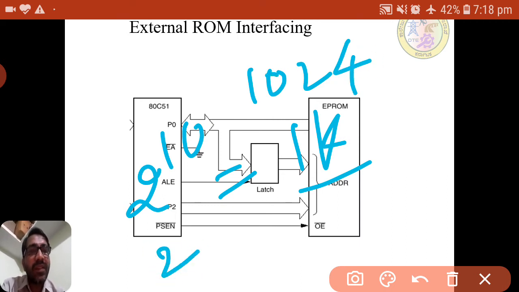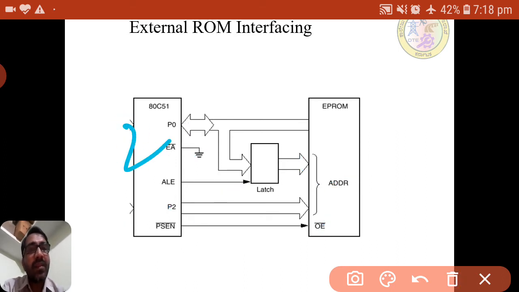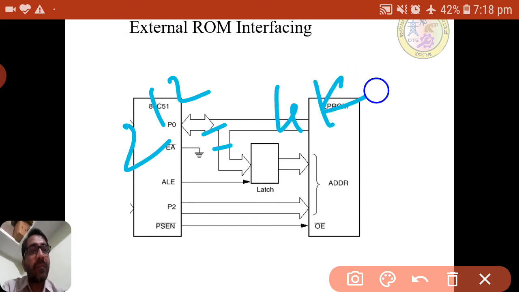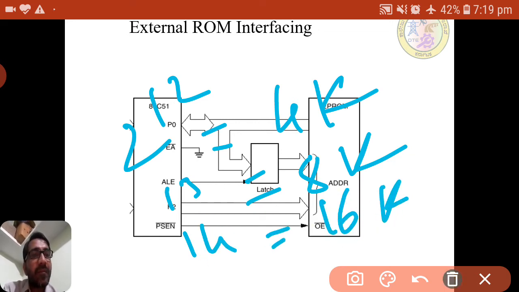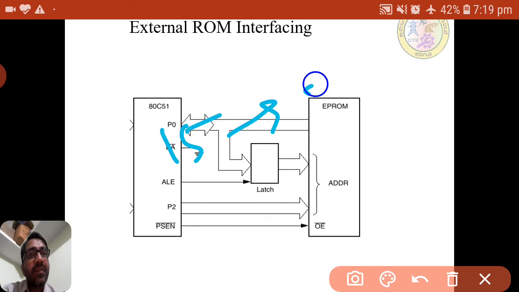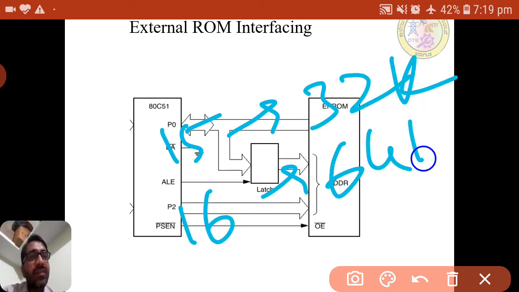If it is 2 raised to 11, then it will be 2k. Similarly, 2 raised to 12 is 4k, 13 means 8k, 14 lines means 16k, 15 means 32k, and 16 lines means 64k.